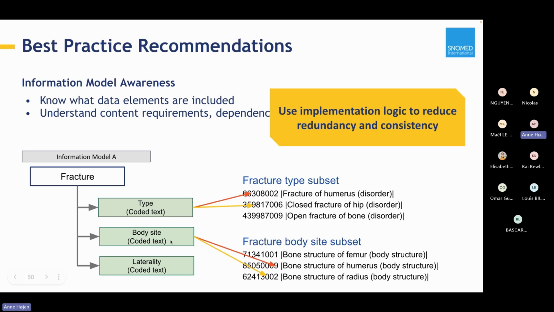Or it could also be that you design your subset so that you exclude anything with the body side, so that you force the user to be specific about the body side separately. So the first thing I described would be less work for the person typing, and the second one would require a bit more effort for documenting.